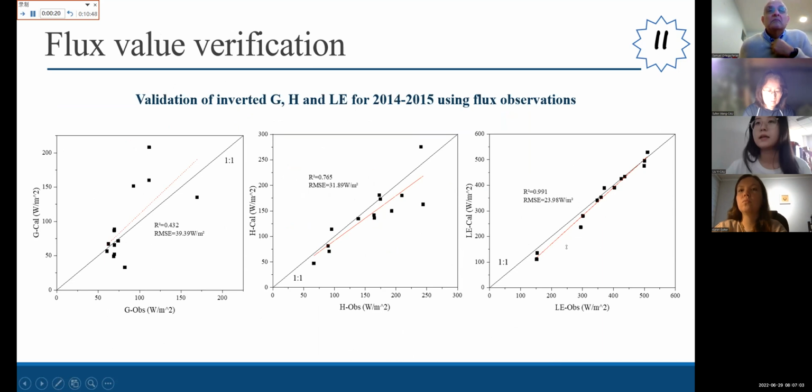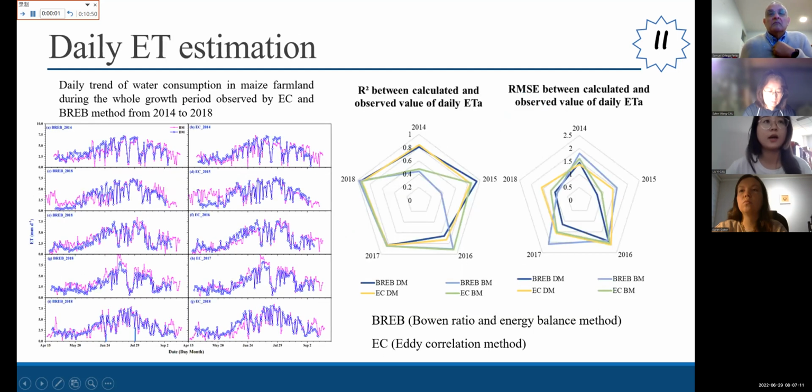Extracting the available satellite-traced daily water consumption data and comparing with the calculated value of the METRIC model, the R-square of 2014 to 2018 is between 0.44 and 0.98. The overall R-square of DM treatment is higher than that of BM.